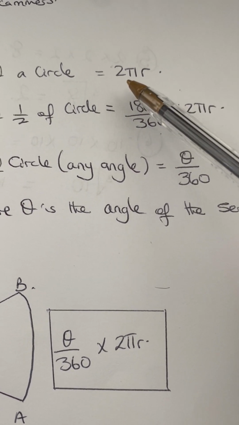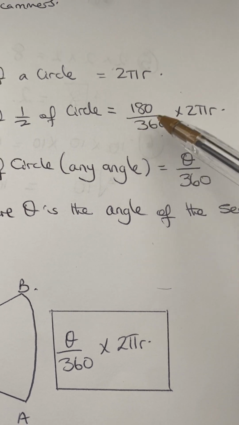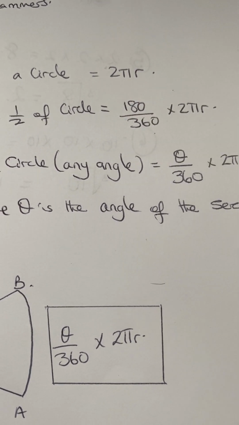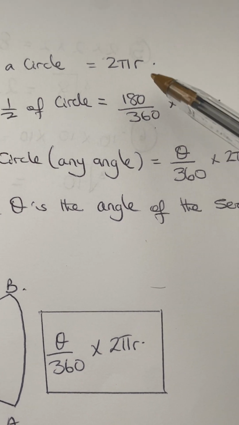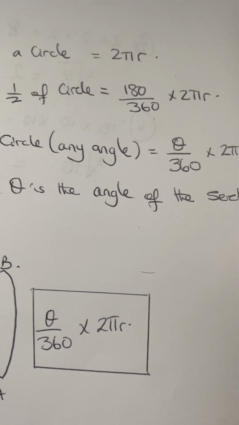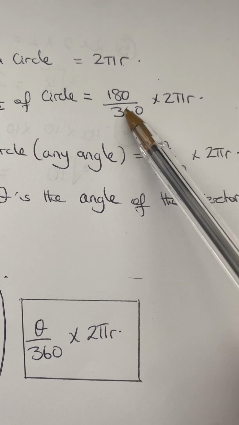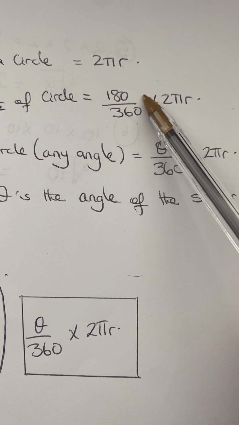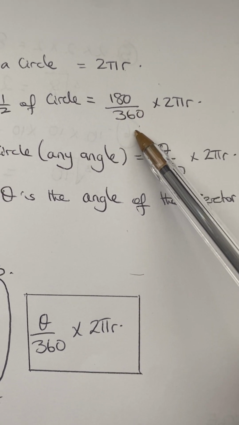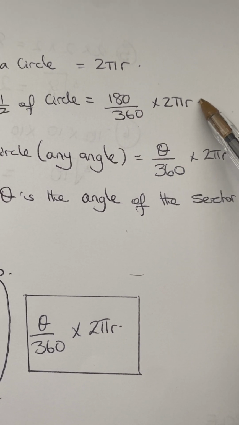For a full circle it is 360 over 360, which is 1. That's why here we have just 2 pi r. But if you are doing half of the circle, then it's 180 over 360 times 2 pi r.